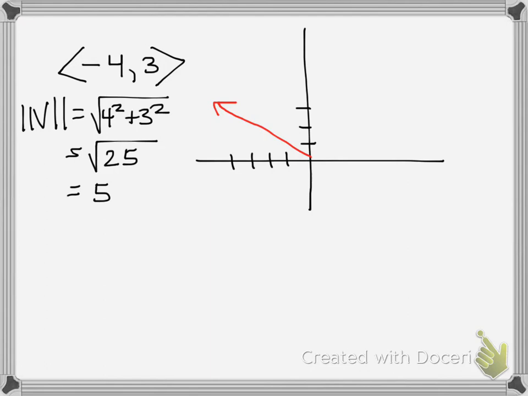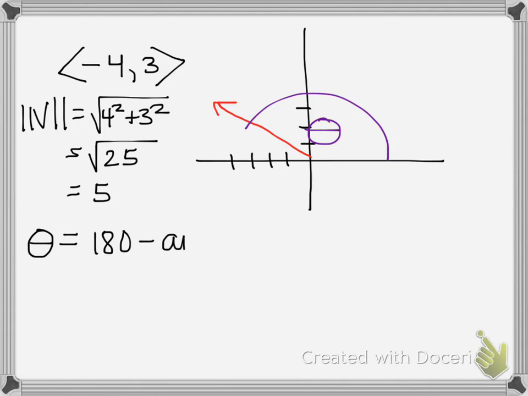And the direction angle is going to be here. That's the direction angle theta. So how am I going to do that? I'm going to do arctangent. I'm going to say it like this. Theta, if you look down in the left-hand corner, theta is equal to 180 minus the arctangent of opposite over adjacent, so that's 3 over 4.